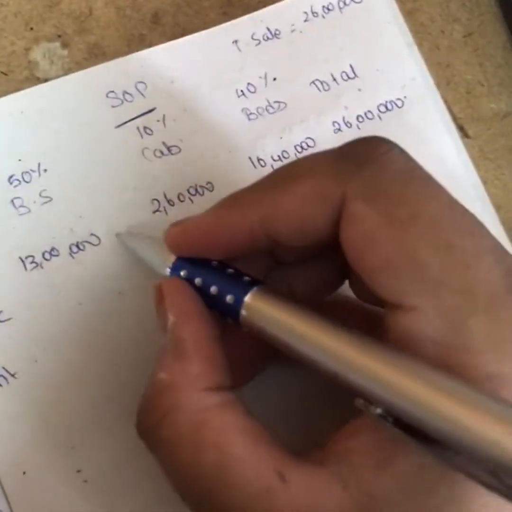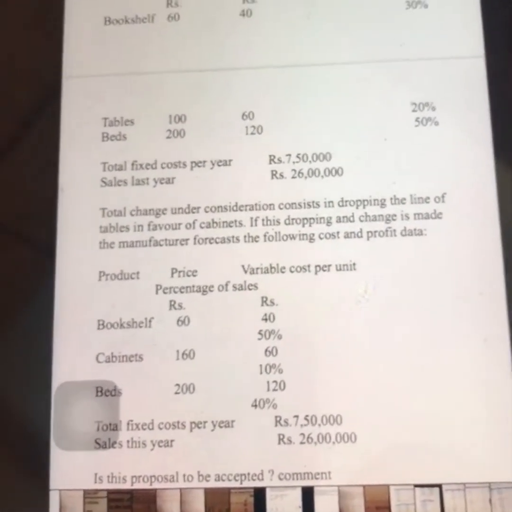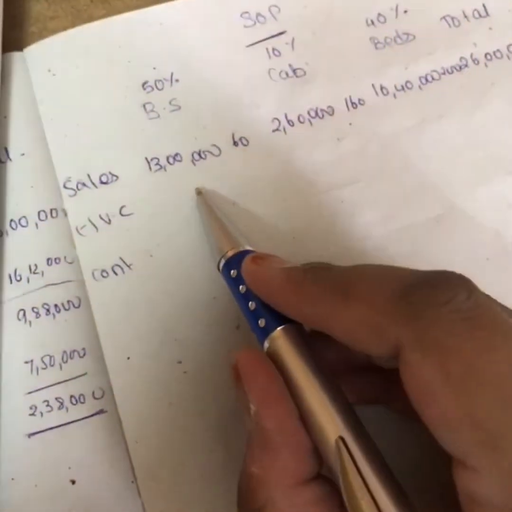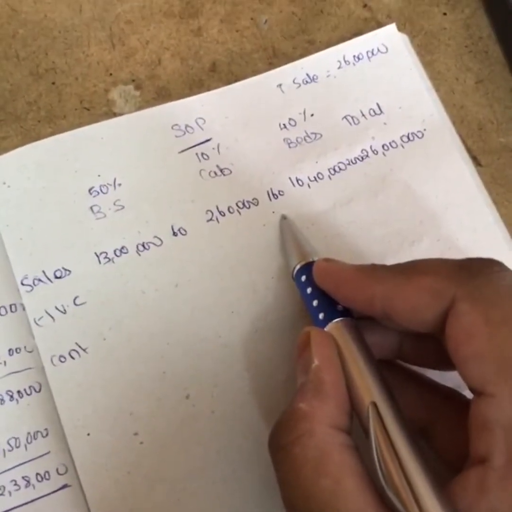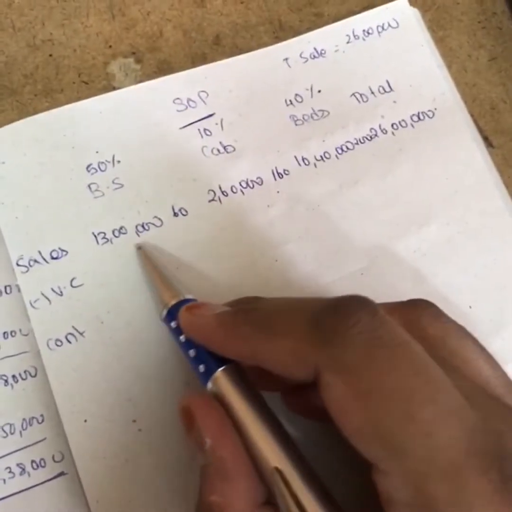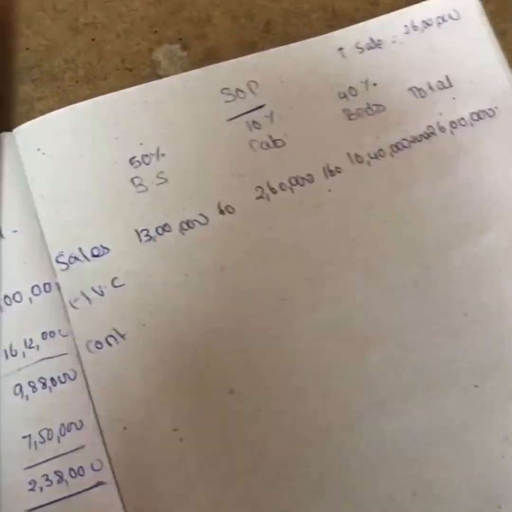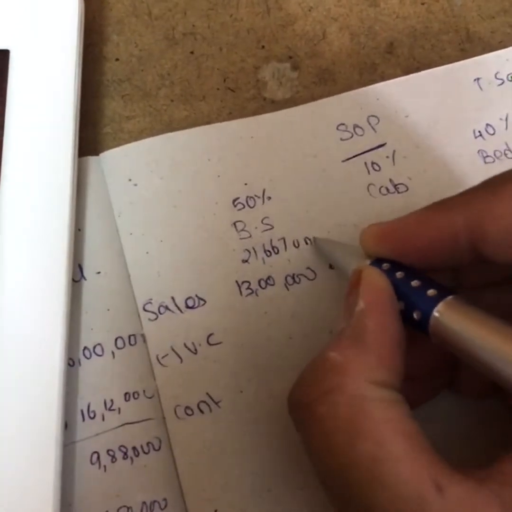And they have given you the price per unit, right? It is 60, 160 and 200. So we have the value, we have the per unit. So how to calculate number of units? It is value divided by per unit. So 13 lakhs divided by 60, we get 21,667 units.